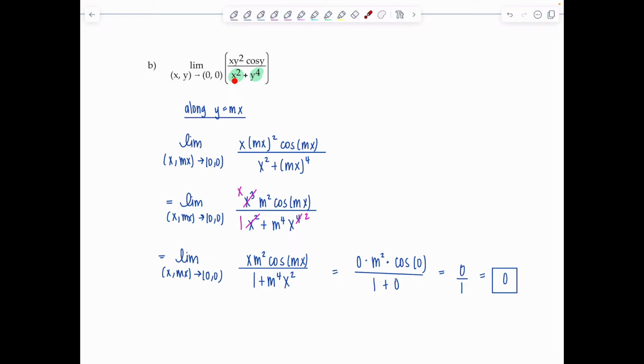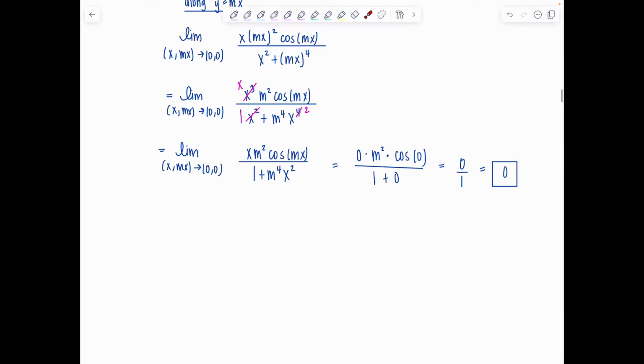What do I mean? I'm going to go along the path x equals y squared. If I let x equal y squared, then I'm going to have 2y to the fourth in the bottom, and that's probably going to do it for me. Okay, so without further ado, let me quit yakking and get into it.